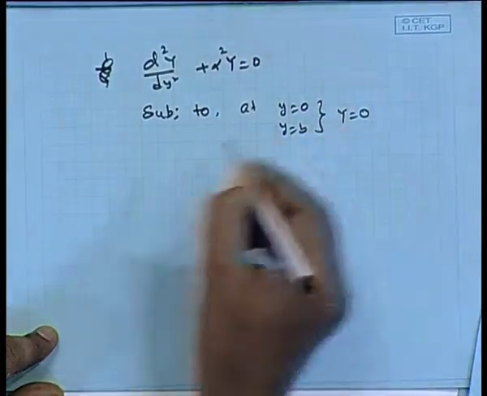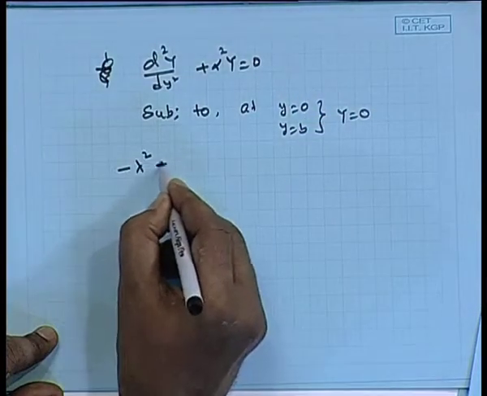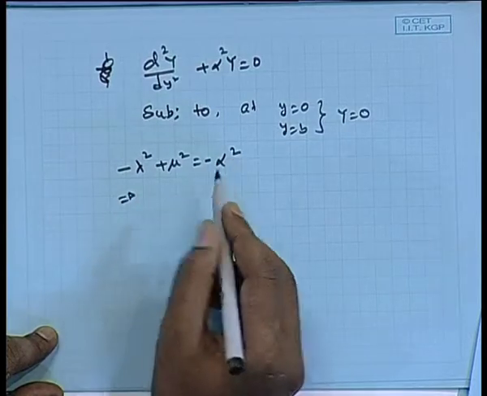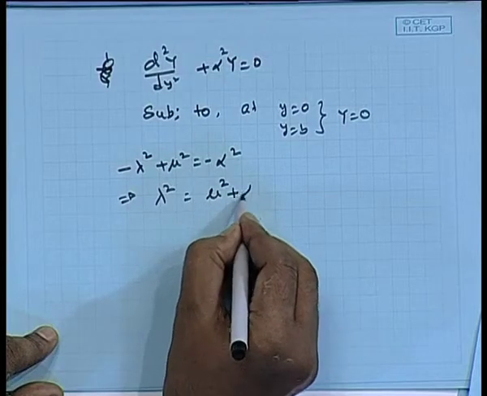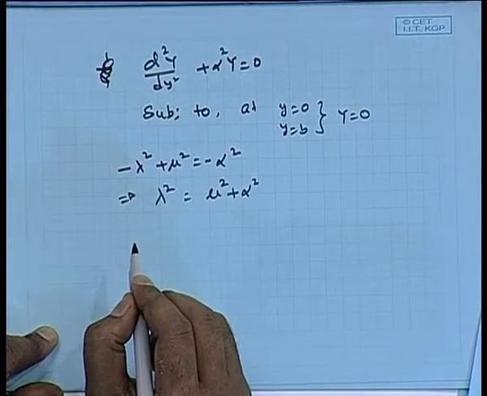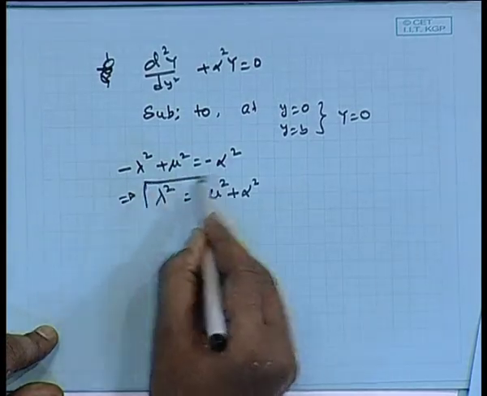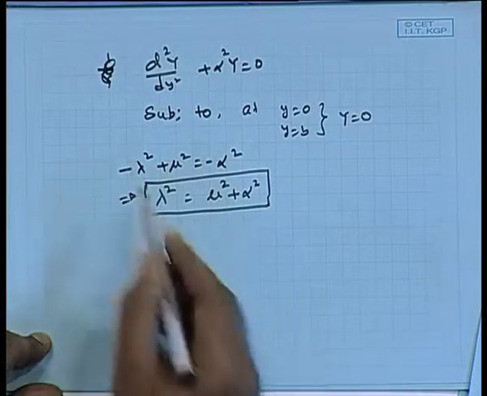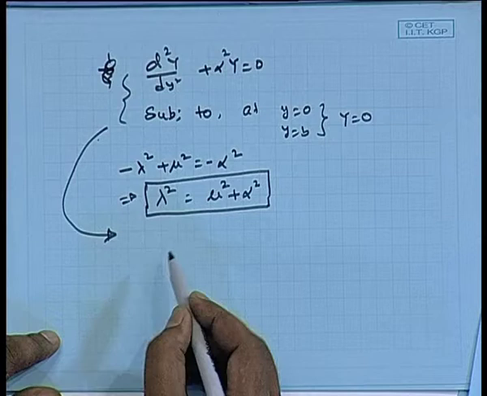Let us say minus lambda square plus mu square is minus alpha square. So, lambda square is nothing but mu square plus alpha square. Now, what is the solution? What are the eigenvalues?